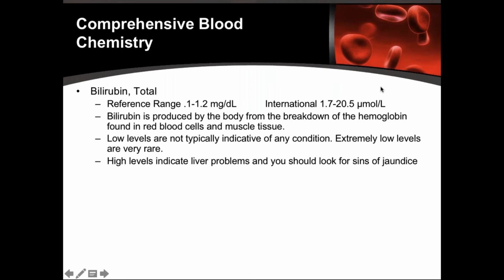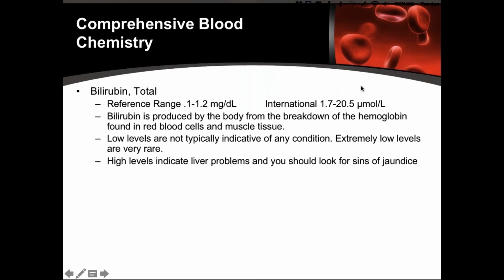It's actually heme, and then the heme gets converted to biliverdin, and then the biliverdin gets converted into unconjugated bilirubin. Unconjugated bilirubin then gets converted into conjugated bilirubin. So bilirubin comes in a couple of forms, unconjugated and conjugated. You put those together and we look at something called total bilirubin.